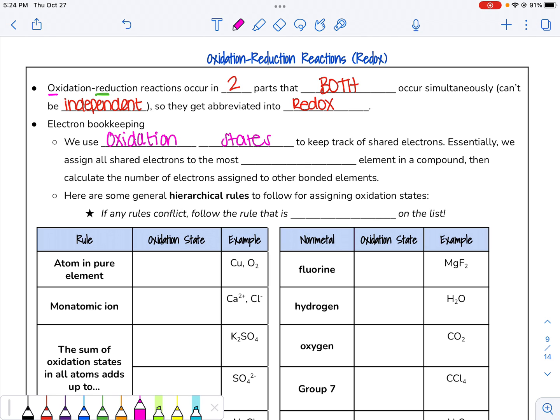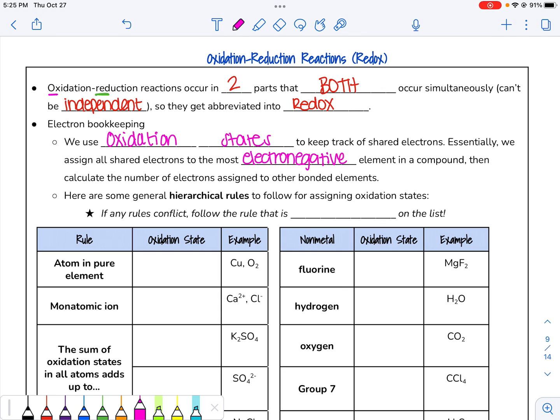So what would happen if our bond was actually fully ionic? Where would the electrons go? To keep track of that, we assign all shared electrons to the most electronegative element in a compound. This makes sense, right?